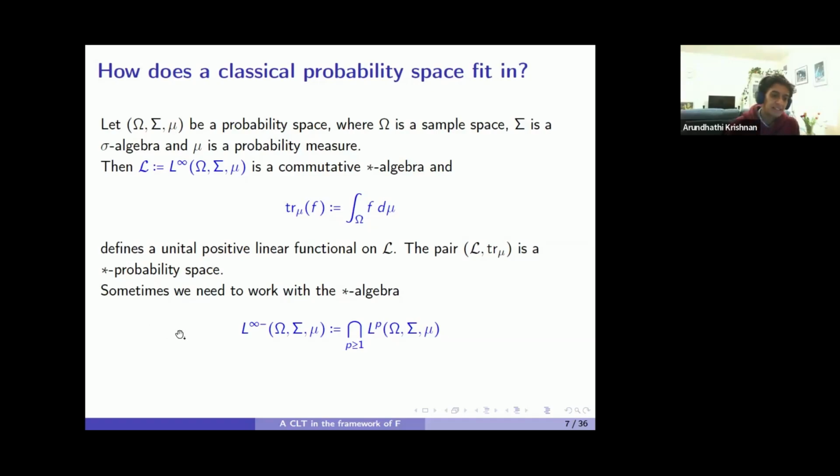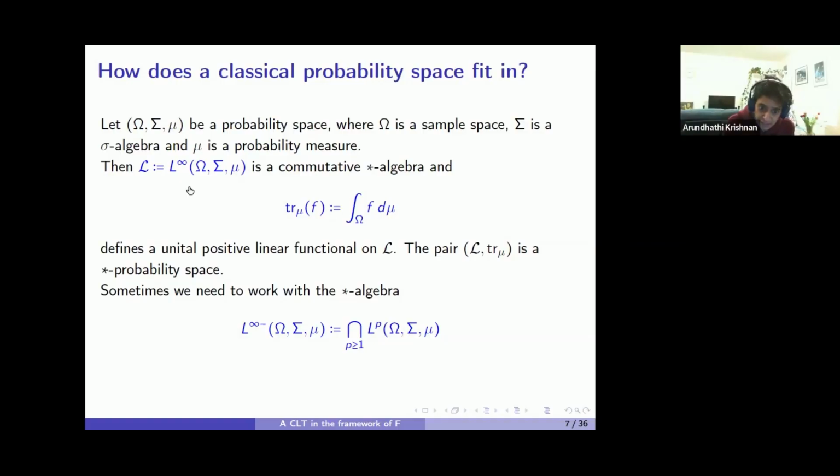But just a word of caution here is that sometimes we may not work with the star algebra L infinity. We might work with this L infinity minus space, which is given to be the intersection of all LP spaces over P greater than or equal to 1. And the reason we do this is that a random variable with the normal distribution is not essentially bounded.